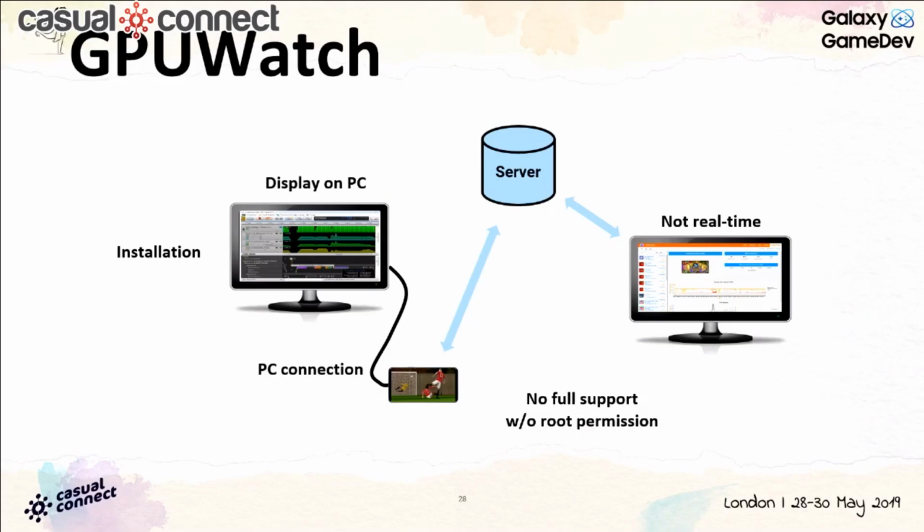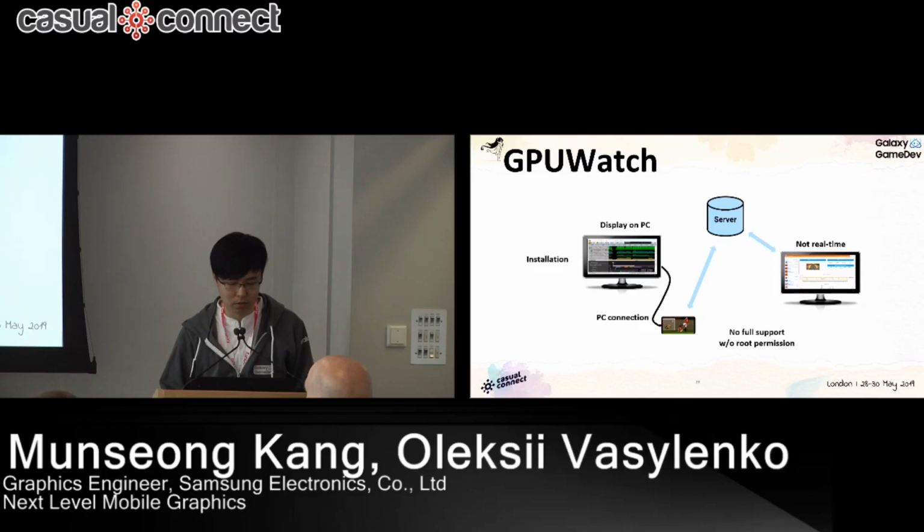Although these tools have many strengths, as I mentioned, at some point they have weaknesses. That is, they require root permission to get full support, and some of those tools don't give us real-time feedback, and we have to connect a mobile device to a PC.